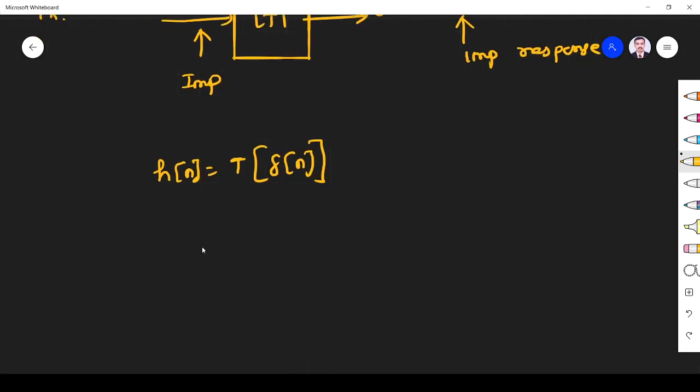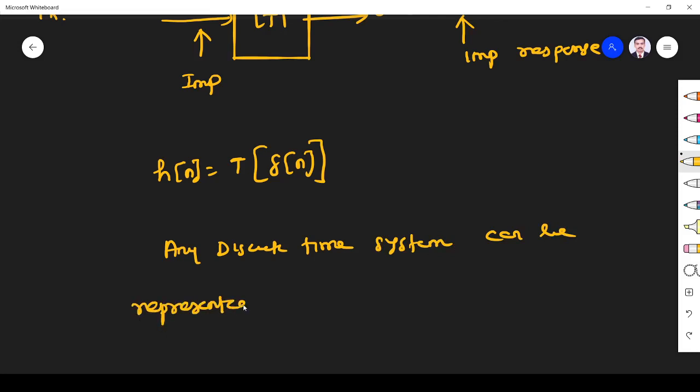Before we go for a detailed analysis, we have to know one thing, like what we did in a continuous time system. Any discrete time system signal can be represented as a sum of impulse signals.